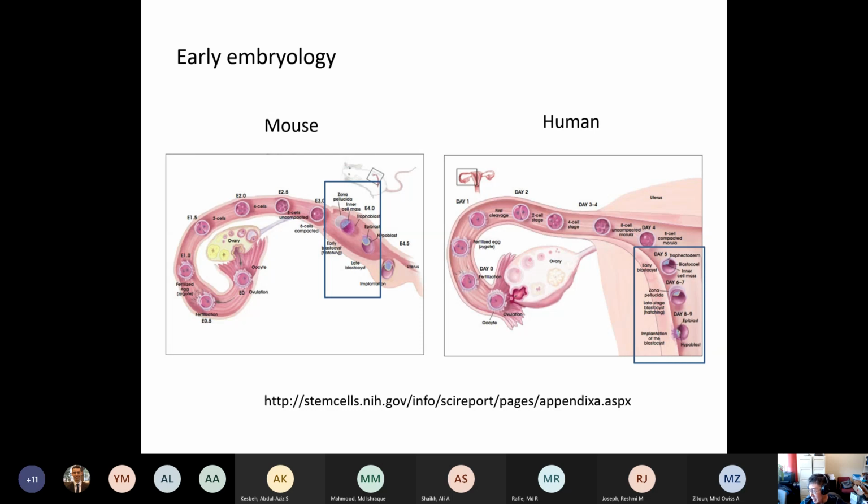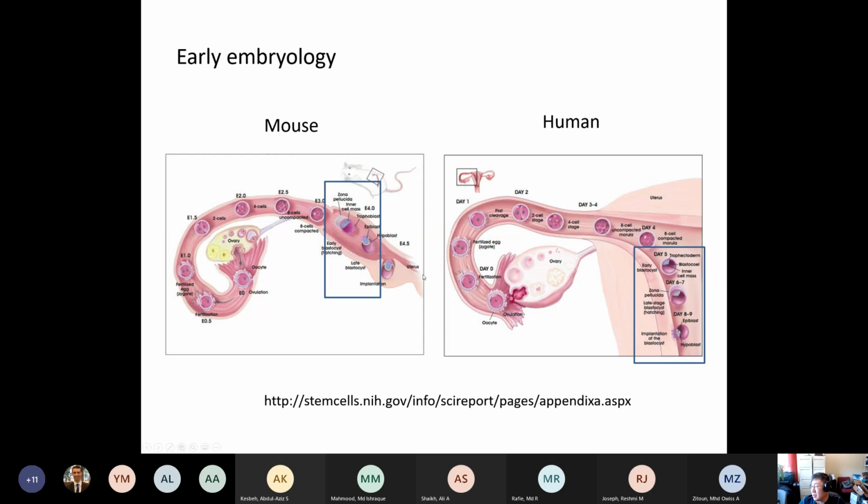I don't know if everybody has taken developmental biology, or if your biology course covered this or not, but for the purpose of explaining embryonic stem cells as well as the epiblast, I have to do an overview of early embryology. So this starts with animal mating, right?